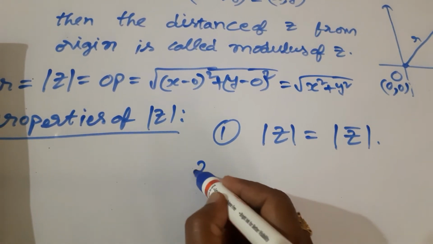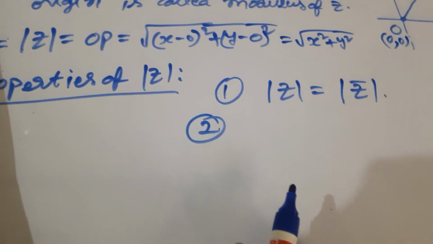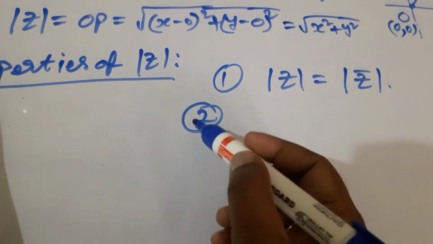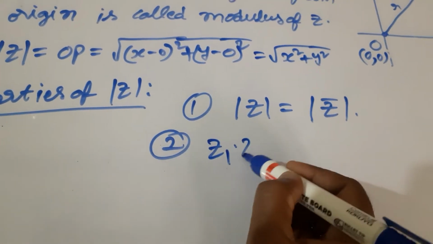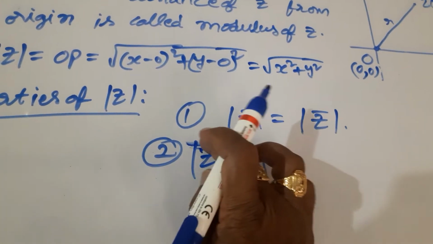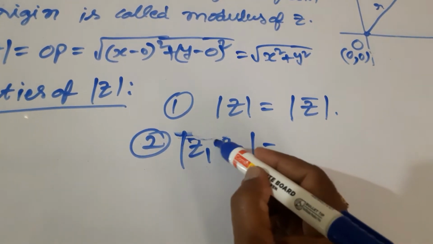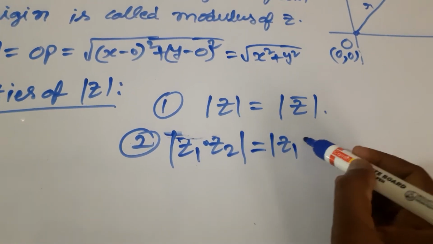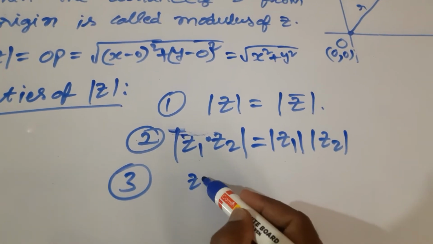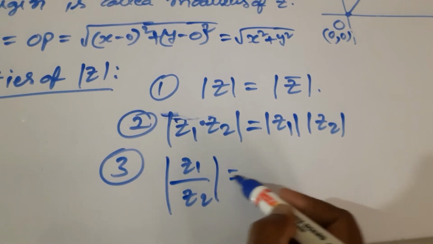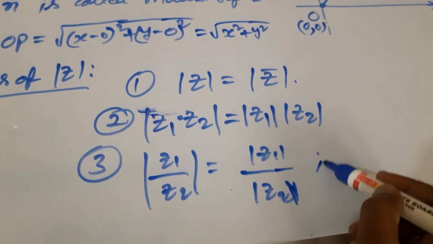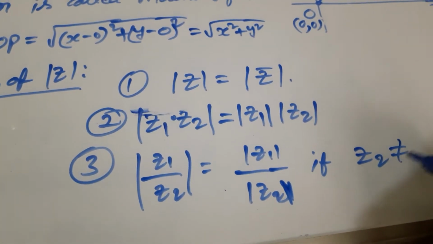Second, modulus of z1 into z2 is equal to mod z1 into mod z2. Third property, modulus of z1 by z2 equal to mod z1 by mod z2 if z2 not equal to 0.